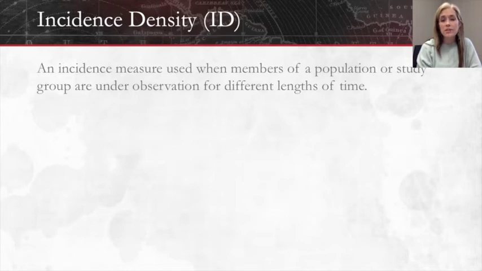Now, an incidence measure is used when members of a population or study group are under observation for different lengths of time. So in reality, even though we may start a study on January 1st, we may still be recruiting people into our study on February 1st, okay? So we may want to add people. Sometimes people will move away and they can't participate in our study.